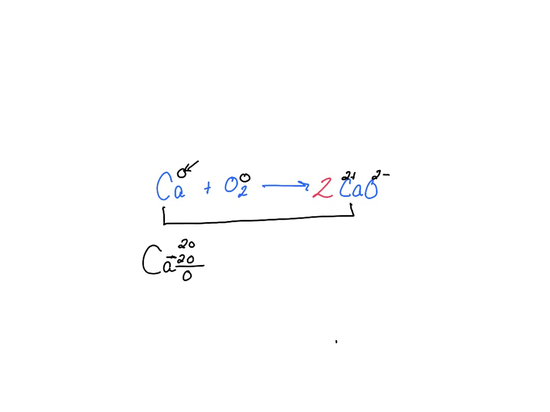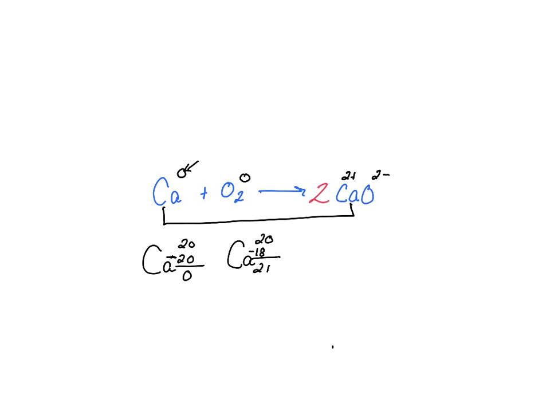Now, to go to 2 plus, calcium actually gave up 2 electrons. So it has 20 protons, but now instead of 20 electrons, it only has 18 electrons. So because it only has 18 electrons, it ends up with a net 2 plus charge.